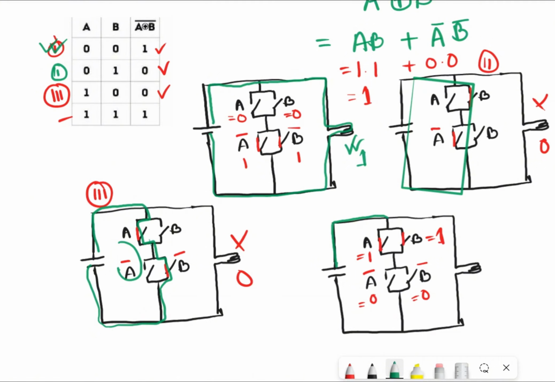It can't go through these two switches because they are open. As a result, the current will flow through this direction. As a result, the bulb will blink, so the output is 1. So case number 4 is justified.